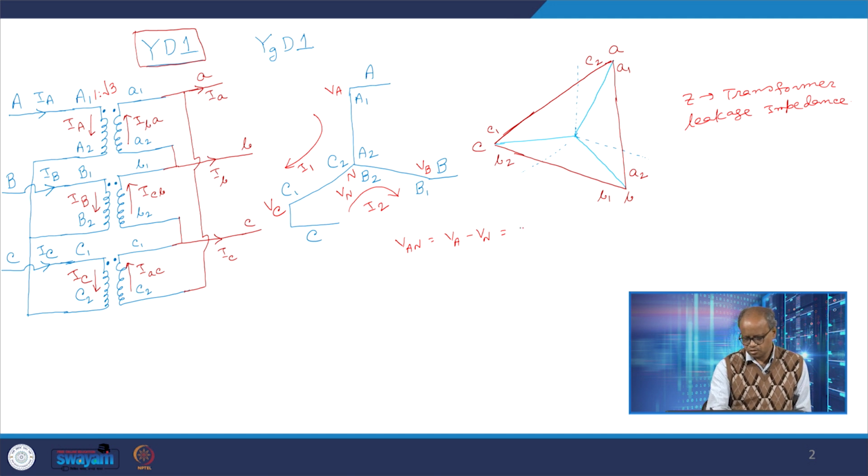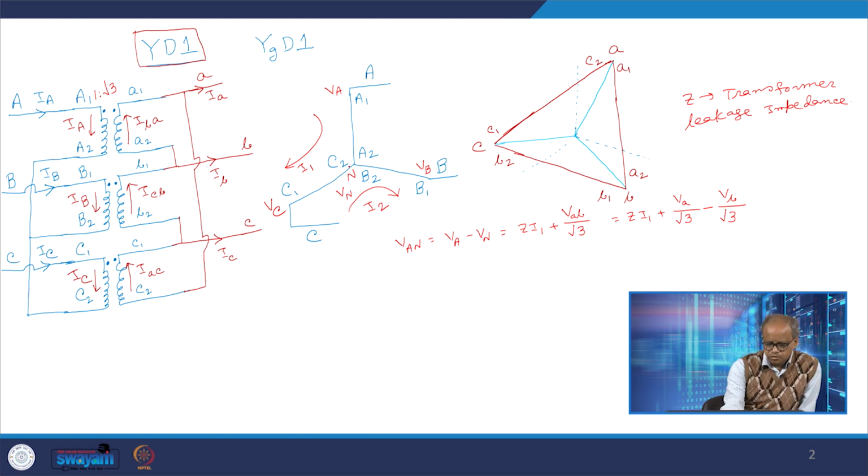The drop due to this current is Z into I1, and the reflected voltage here is VAB by root 3, correct. So it is Z I1 plus VA by root 3 minus VB by root 3.